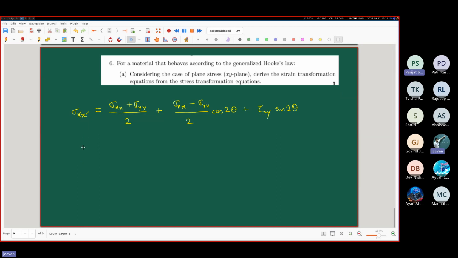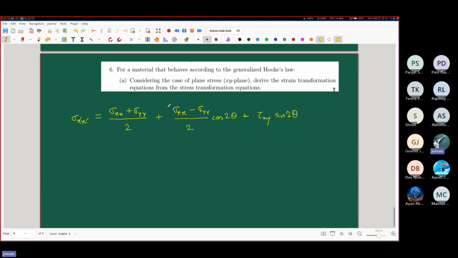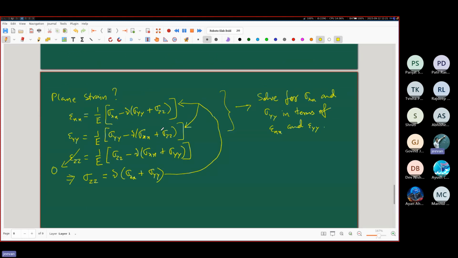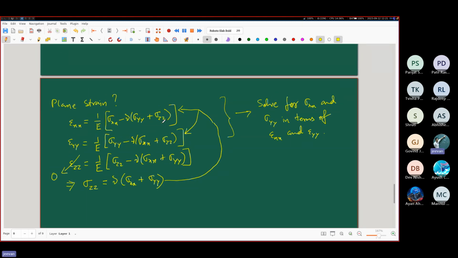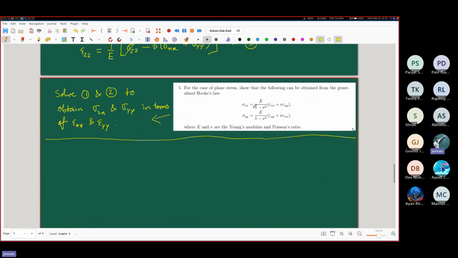Sir, the expressions, let me say this. We have to understand very importantly that specifically we have been asked to deal with the case of plane stress, and in the previous question, not this one, this one I just discussed myself, we have already found out these expressions of sigma xx and sigma yy.